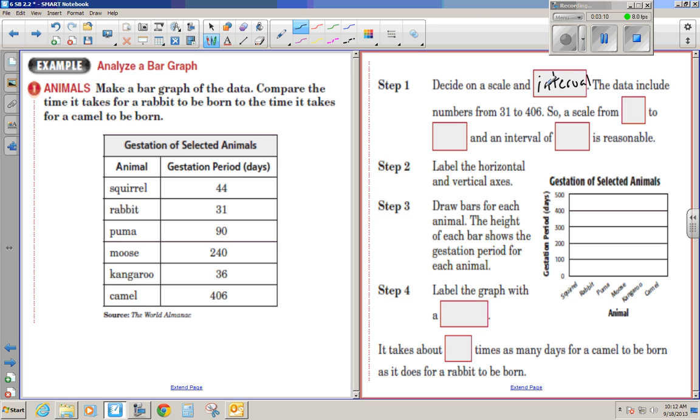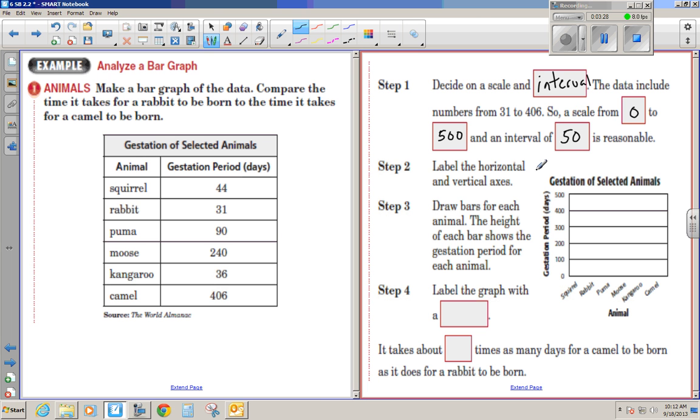The data include numbers from 31 to 406. So a scale from 0 to 500 in an interval of 50 is reasonable.